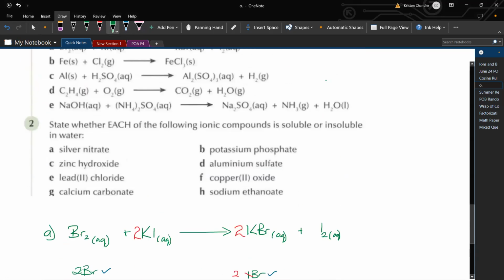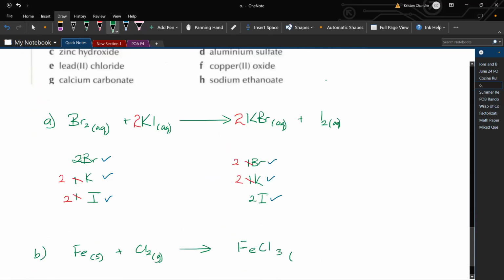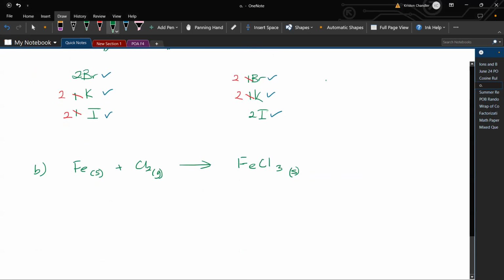Next we have Fe plus Cl2 equal to FeCl3. Again, we want to list all of the atoms on both sides of the equation. Now, when we have a 2 and a 3 here, we swap it.